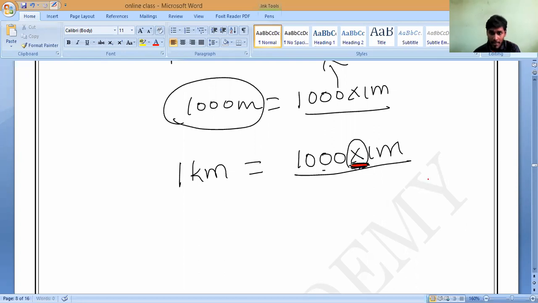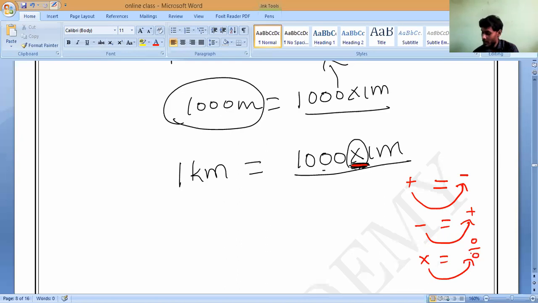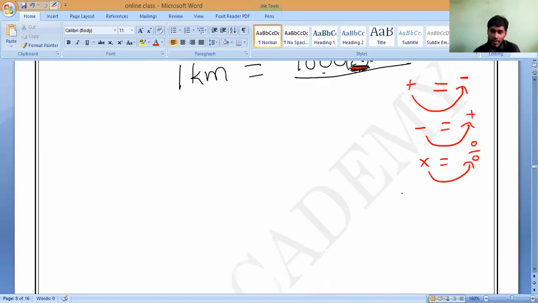Multiplication. So in mathematics, you already studied: plus will go that side, it will become minus. Minus will go that side, it will become plus. Same way, multiplication will go that side, it will become division. Division will go that side, it will become multiplication. Correct or not?